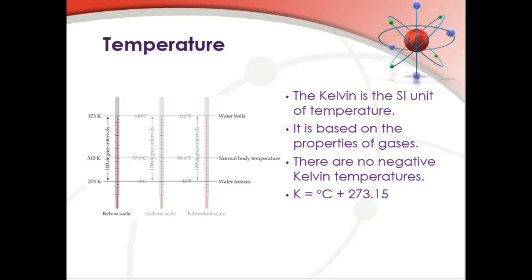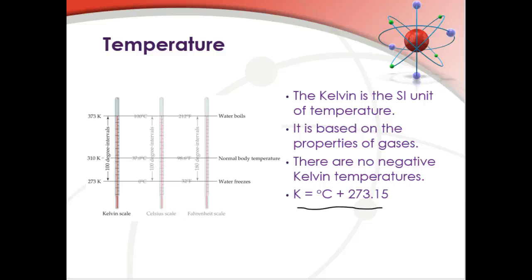Absolute zero, 0 Kelvin, is the temperature at which there's no movement on a molecular scale or an atomic scale. There's no atomic movement. So we see our conversion here, that Kelvin equals our degrees Celsius plus 273.15. Okay, 273.15. So that's something that you're going to have to know, especially for chapter 10. For our gas laws chapter, we have to use Kelvin all the time, so you kind of need to know that.